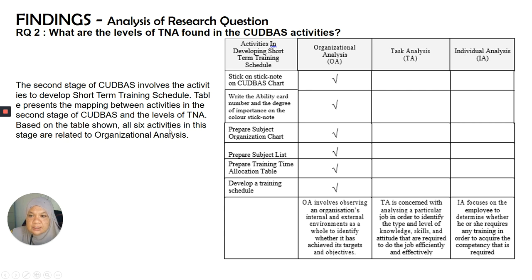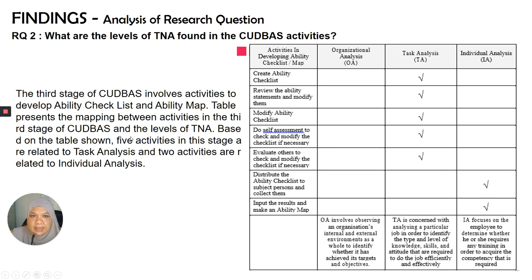For research question number 2 also, the second stage of Cudbas involves activities to develop the short-term training schedule. So, in TNA, training needs analysis, this is at organizational analysis. Then in the third stage of Cudbas, the activities develop the ability checklist and ability map.